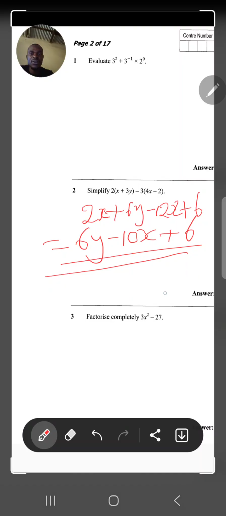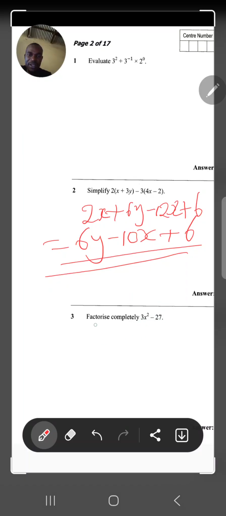All right, so we move on to the next question, which is: factorize completely. We were simplifying there. Here we are factorizing. We'll get an answer in brackets. So we get 3x squared minus 27.